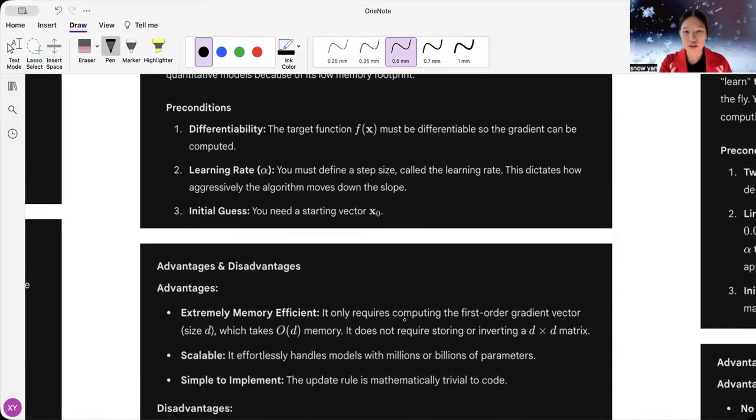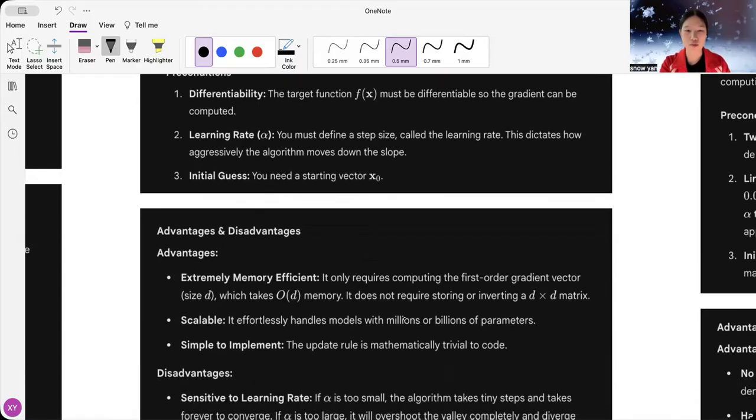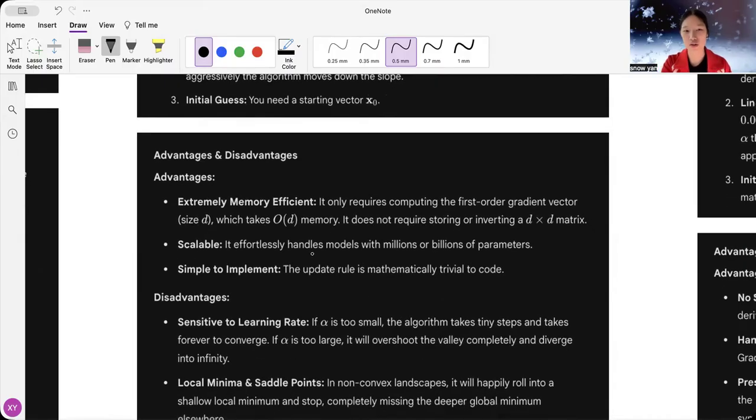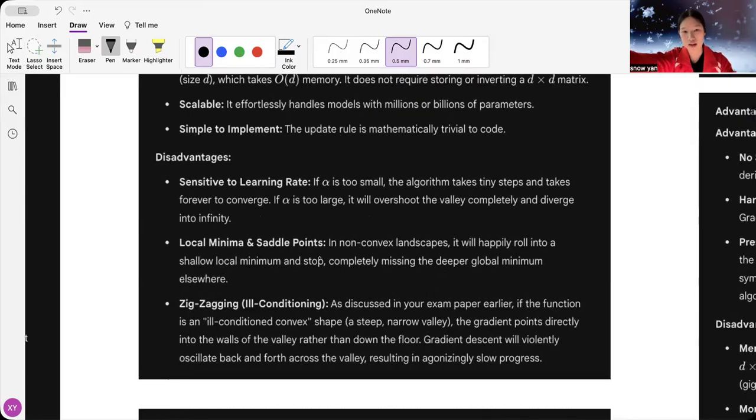How this works is that we need the function to be differentiable to first order, but it doesn't need the second order. And we do need an initial guess, as most things require. This one is really efficient because it only takes the first derivative, it's scalable, and it's relatively easy to implement.